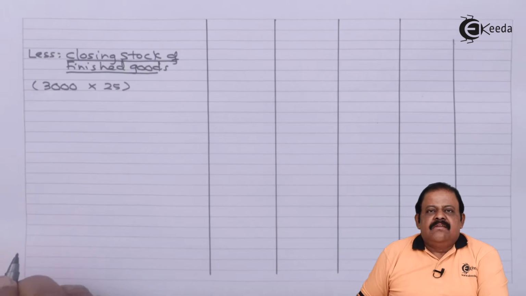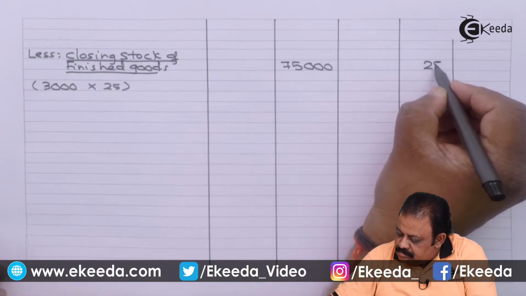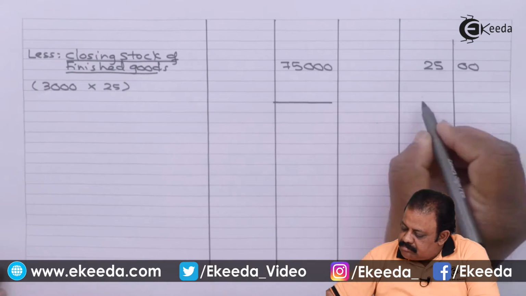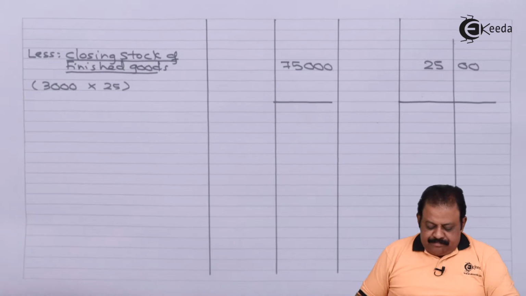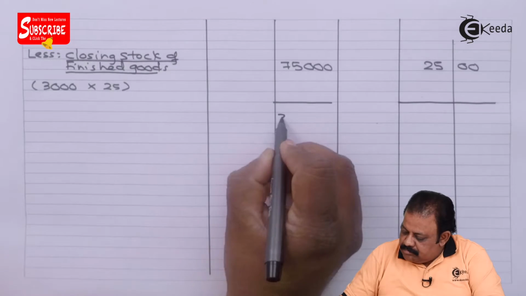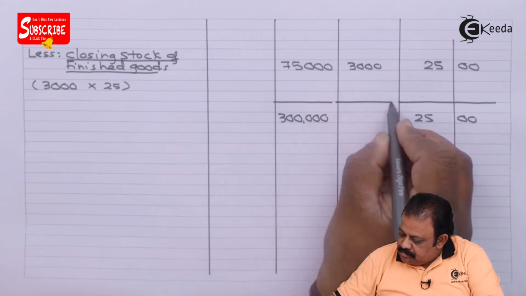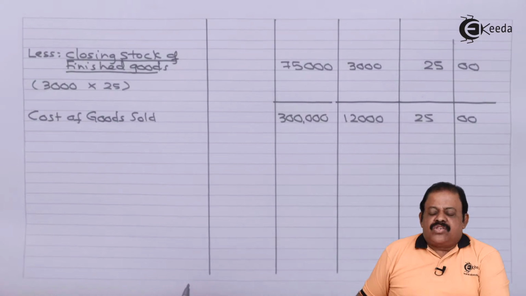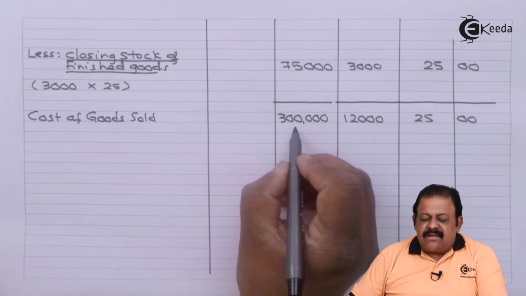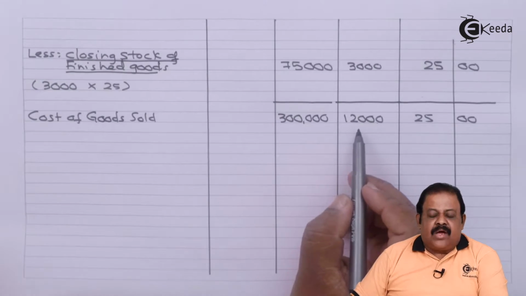It will be valued at the current cost of production per unit, that is rupees 25. This will be deducted from cost of production. So we got now cost of goods sold 3 lakh, per unit 25 rupees and units 12,000.